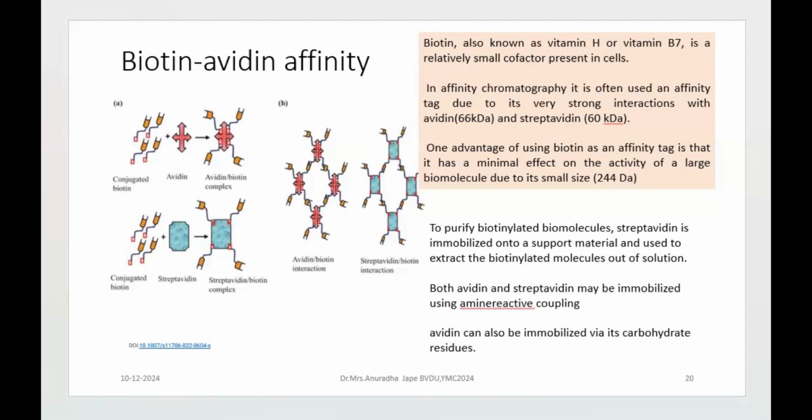So if you take 5 prime AMP and try to purify the enzyme, it can bind selectively to any of the members of the type or group of enzymes that is NAD dependent dehydrogenase, right? So when we say this, the concern is you have to have selectivity with reference to the analyte to be purified.